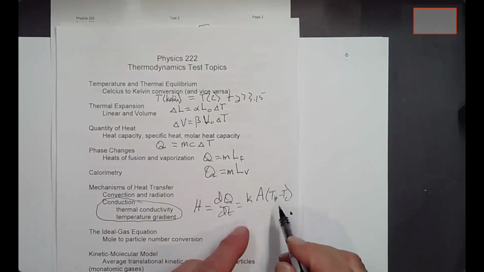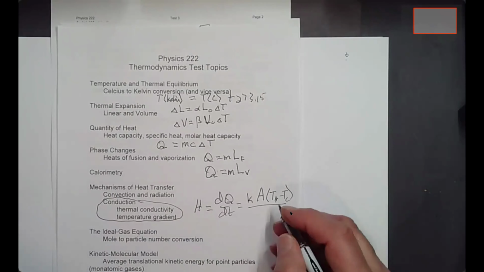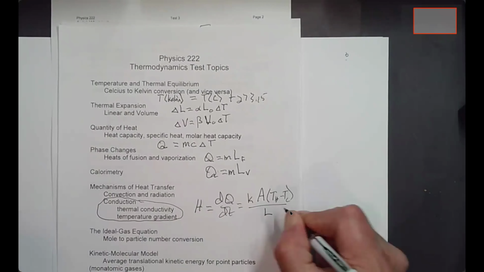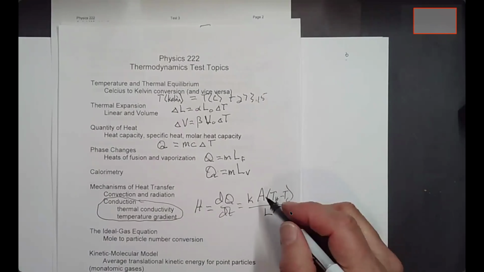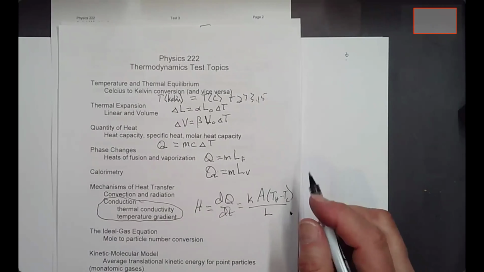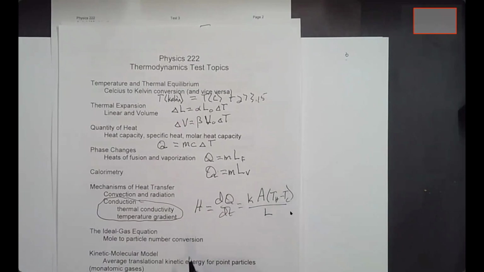So it flows from the hot side of the material to the cool side, and it's inversely proportional to the length. The longer the thing is, the slower the heat will flow through it. And so that was that.